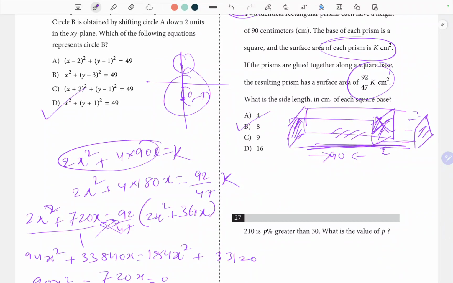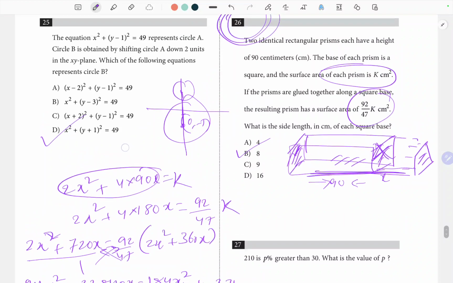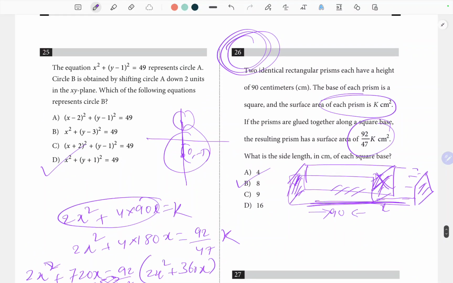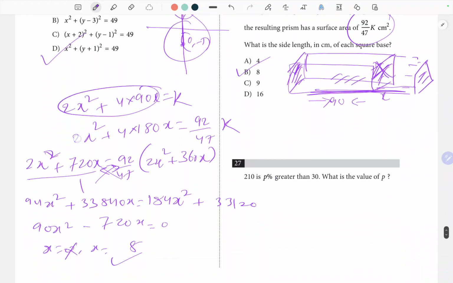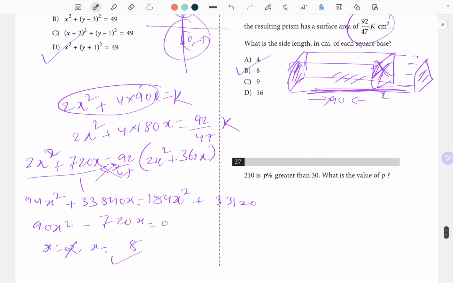I had to solve. I used some steps to solve. If you have some other method to solve this question, then please write your answer in the description or in the comment box below.